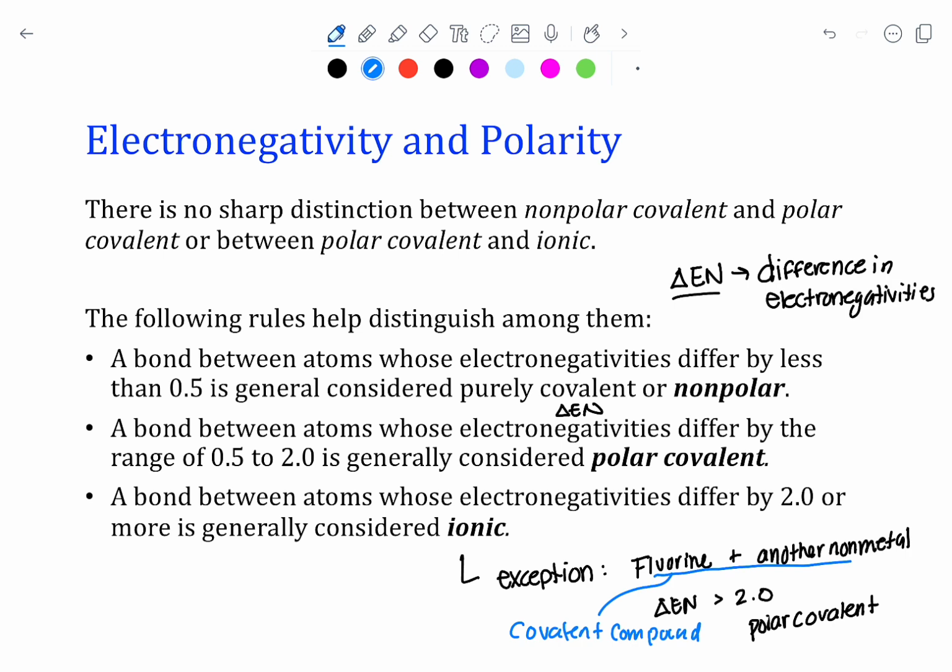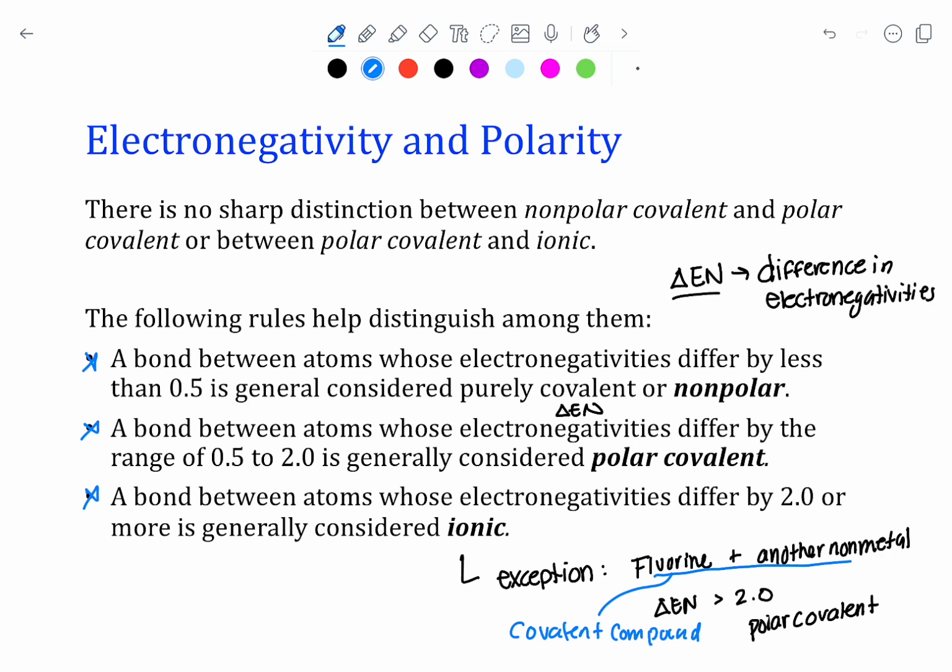So this is where we have to keep in mind our first definition of what's covalent versus what's ionic. If it's a covalent compound, the only two options for types of bonds are either nonpolar or polar. If it's an ionic compound, the only option for a type of bond is an ionic bond.